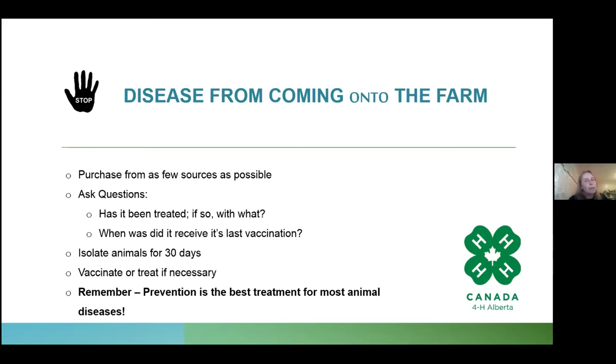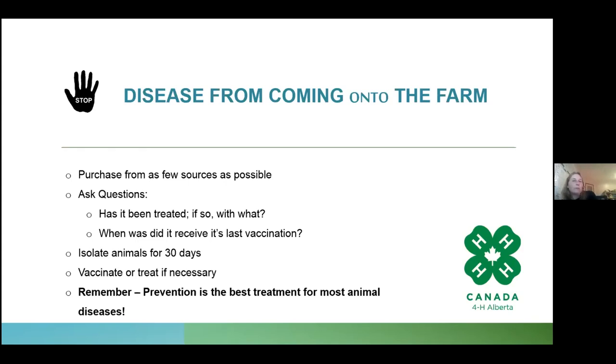Quarantine when you're buying, but also quarantine when you're bringing animals back to your farm from fairs and shows and sales and such. It's best if you can. And just remembering again, prevention is the best treatment of most animal diseases, and prevention, isolation, quarantining is part of prevention.